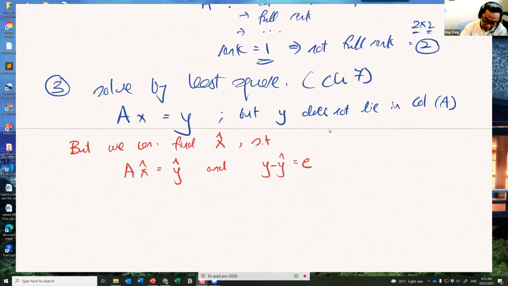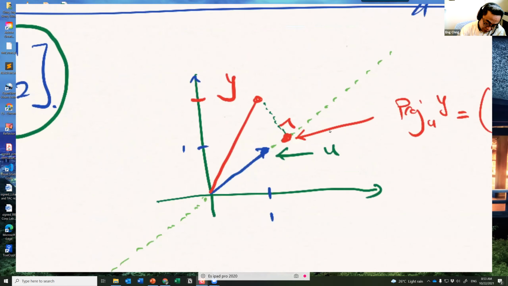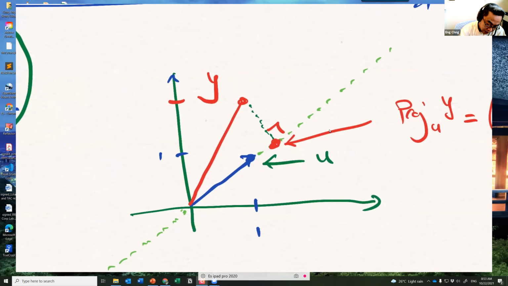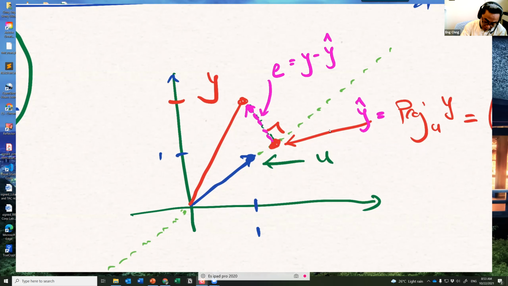Where is y minus y hat? This vector, maybe I should draw it in purple, is E. E equals y minus y hat. Where is y hat? This vector here is y hat.